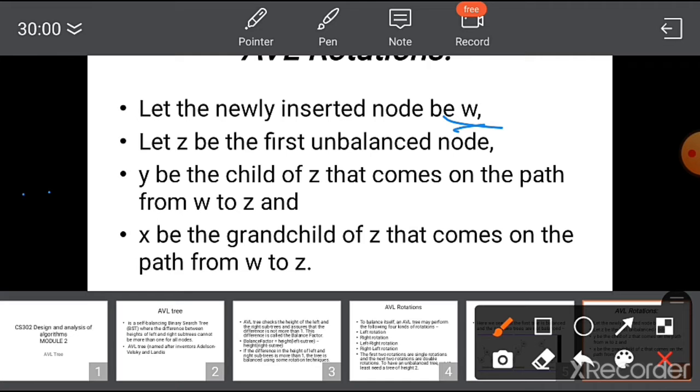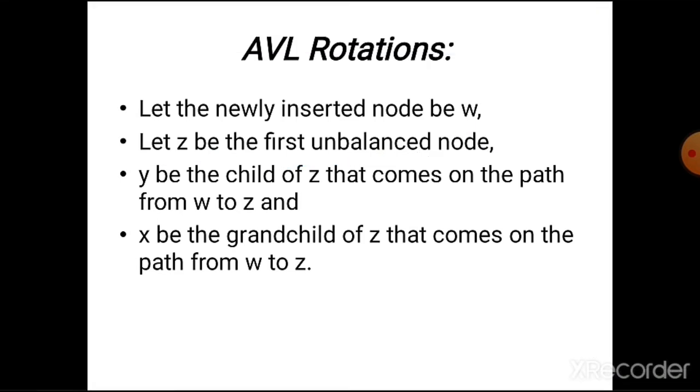Then starting from W, travel up and find the first unbalanced node. So let Z be the first unbalanced node.